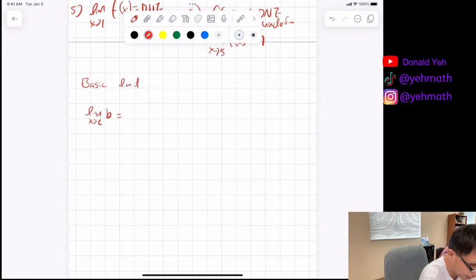What do you think it is equal to? A? Nice try. No. I don't know where A came from. What do you guys think? Alvin? B is correct. Now, how did Alvin come up with B?